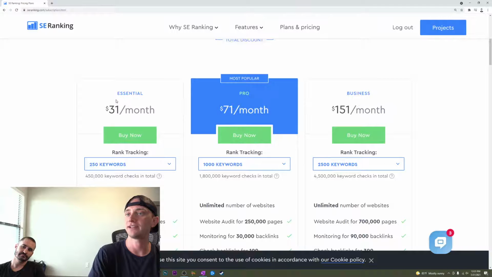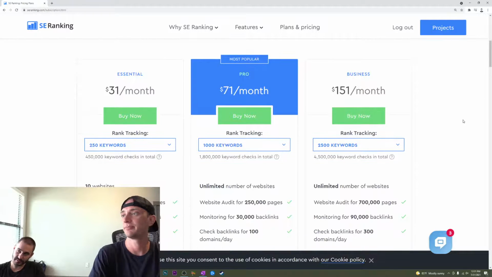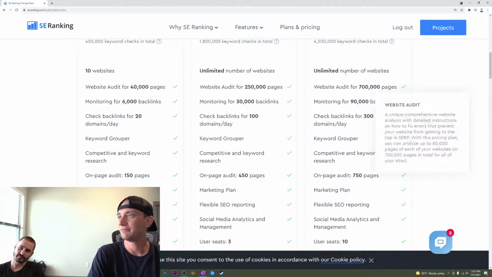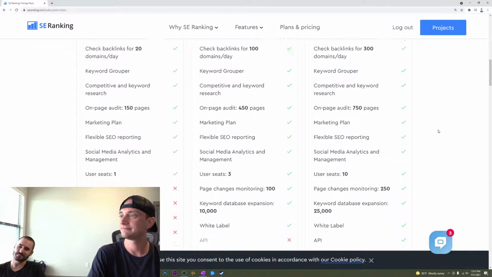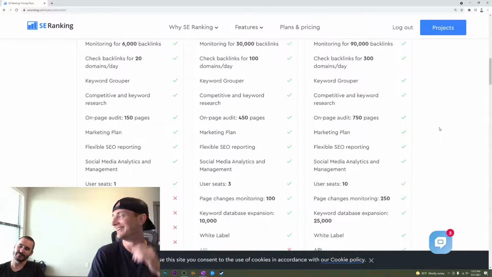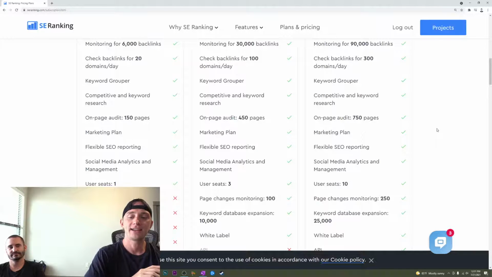I don't even know which plan. We definitely aren't on the small one. We're on Business, the big one, I guess. You can audit stuff. We use probably 5% of what it's capable of doing. We pretty much just use it for rank tracking.